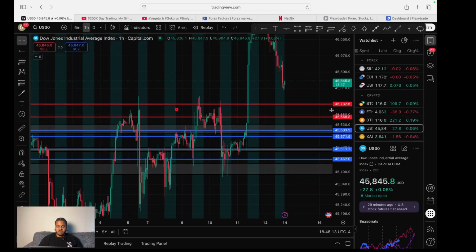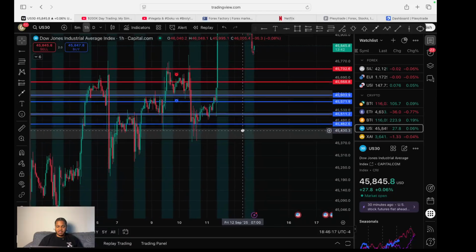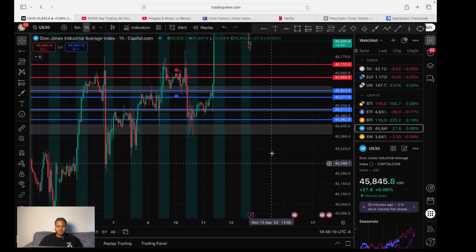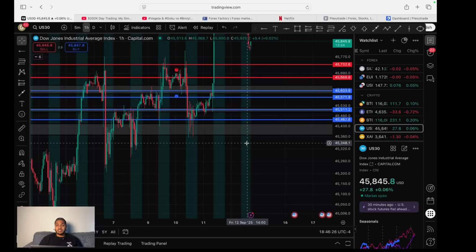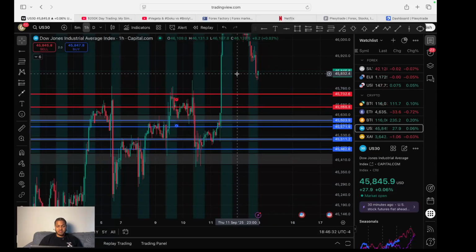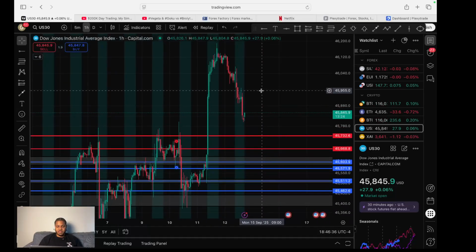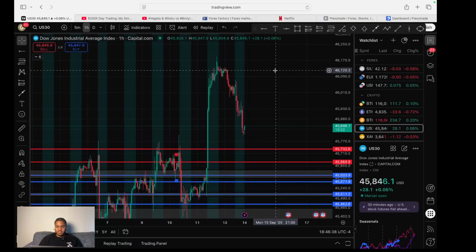So I wouldn't be surprised if price wanted to knock down a few zones before going back up. So normally price will drop down between 2 to 6 zones on an hourly time frame before continuing back up. If it goes any more than 6, then I like to assume that that's a reversal and that price is going to keep going down to the next daily point of structure.